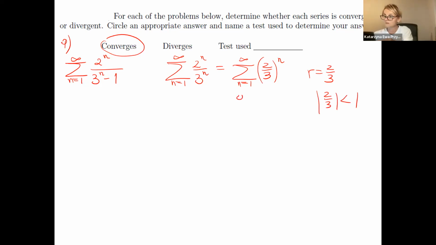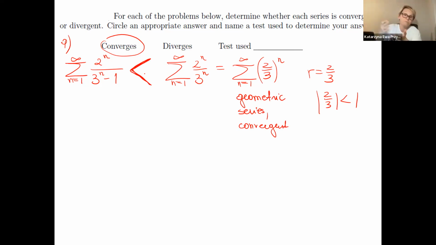That means this geometric series is convergent. Now, if our original formula is smaller, then we can conclude convergence, because everything smaller than a finite number is convergent.